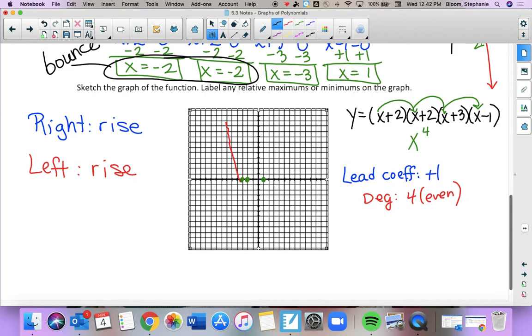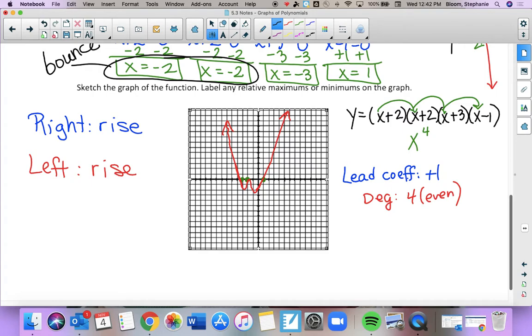I'm going to cross at -3. Then I'm going to go back up to -2. And what's going to happen right there? You're going to bounce. So do not cross the x-axis. Come back down. I'm going to cross, and how will it finish? It's going to rise. Okay, so there would be my graph.